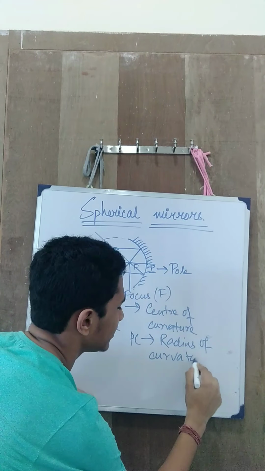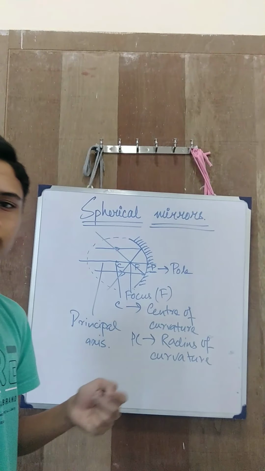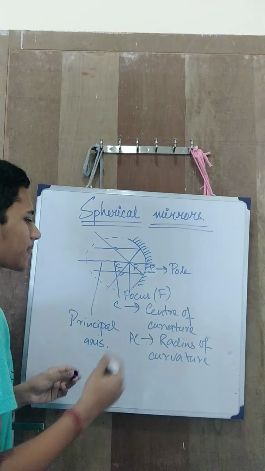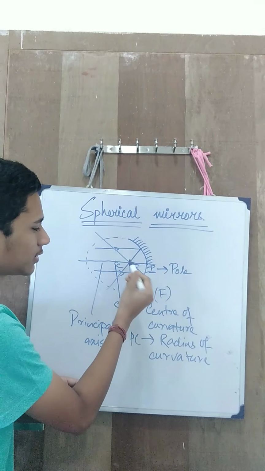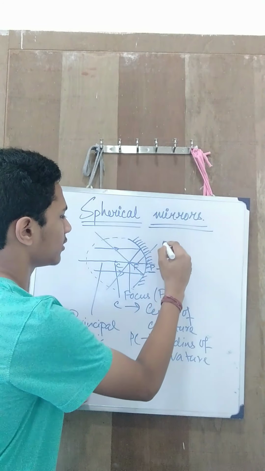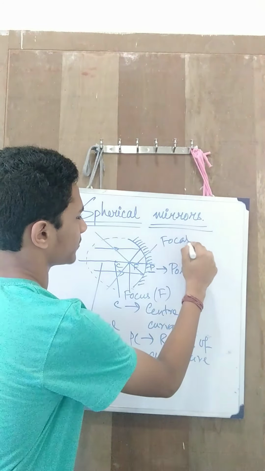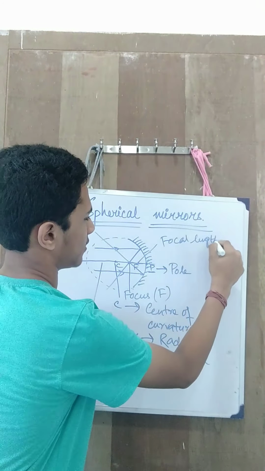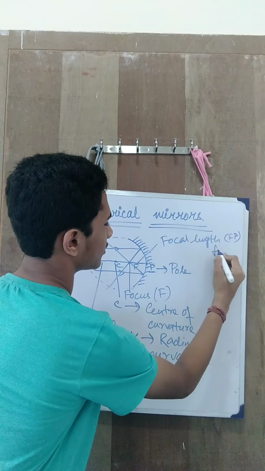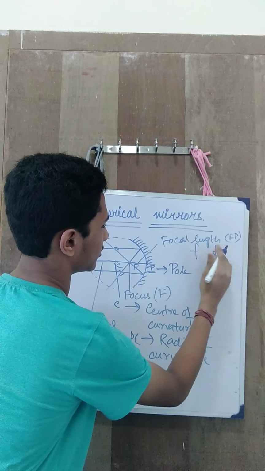Clear? Now FP, the distance from the focus to the pole, is known as the focal length, represented by small f.